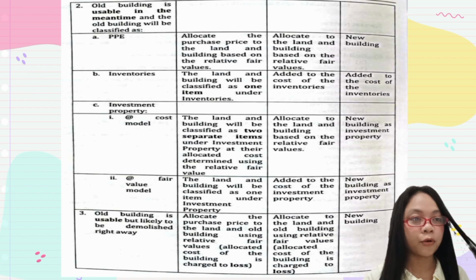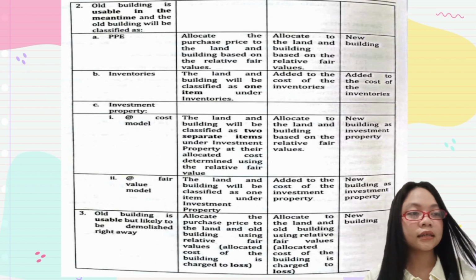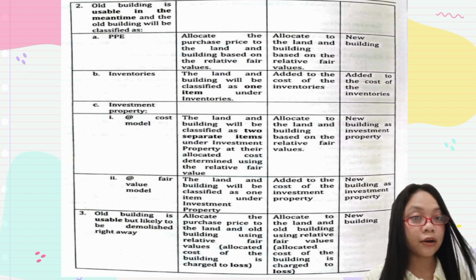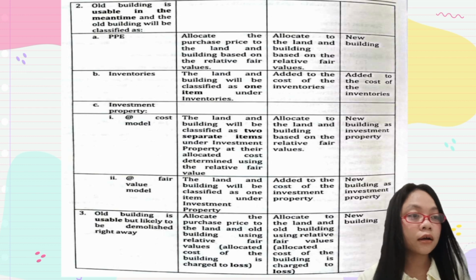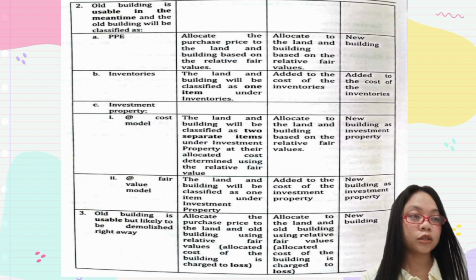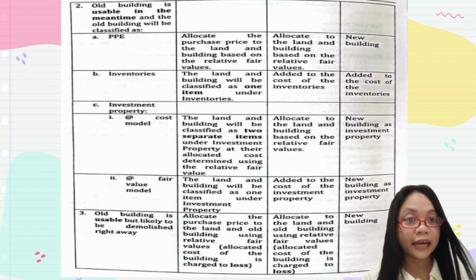an investment property. Next is if the old building is classified as investment property at fair value model na po, meaning the value or revalues properties to their current market. So the treatment of the purchase price would be the land and the building were considered together as one item under the investment property.